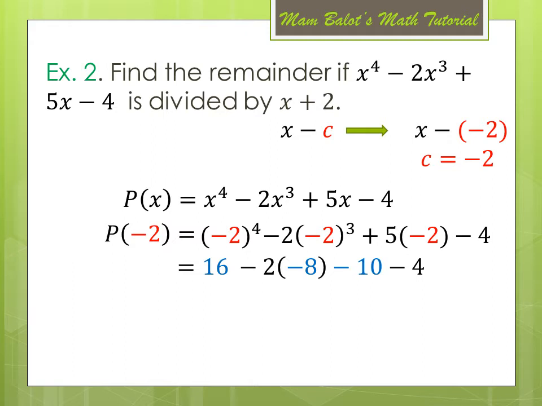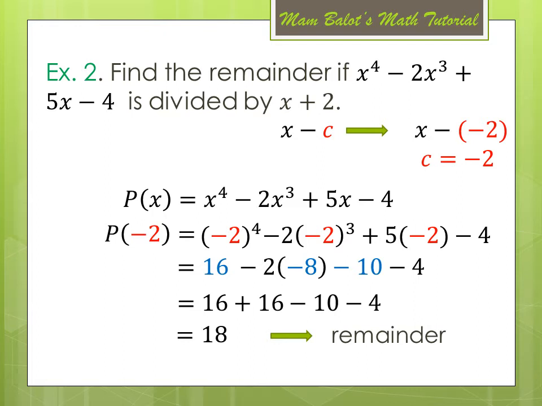And then 5 times negative 2 is equal to negative 10 and minus 4. So we have there 16. Then negative 2 times negative 8 is positive 16. Then minus 10 minus 4. So evaluating 16 plus 16 minus 10 minus 4 is equal to 18. So 18 now here is our remainder.